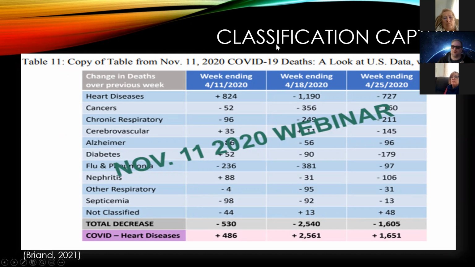So that's something I call classification capture, to where the total amount of all other diseases is decreasing almost exactly. The number of COVID deaths is rising. And that happened after March 24th, the beginning of April, mid-April, all the diseases decreased, this exact number COVID increased. And then late April, we're doing it again. 3 weeks in a row, this is happening.